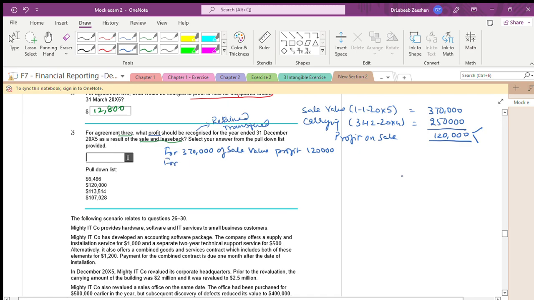For 350,000 of present value, we have to know how much you have to retain and how much you have to transfer.